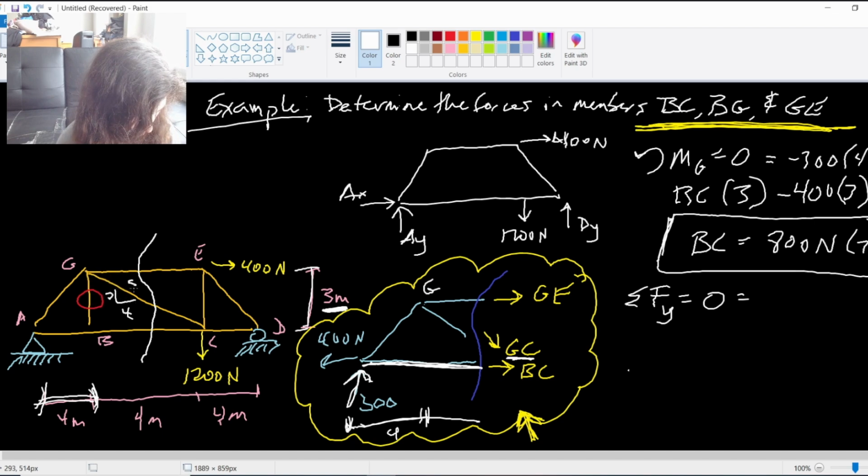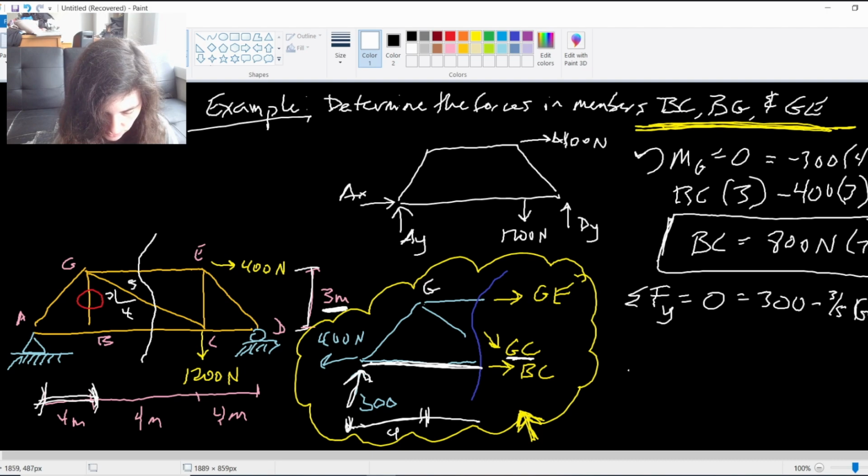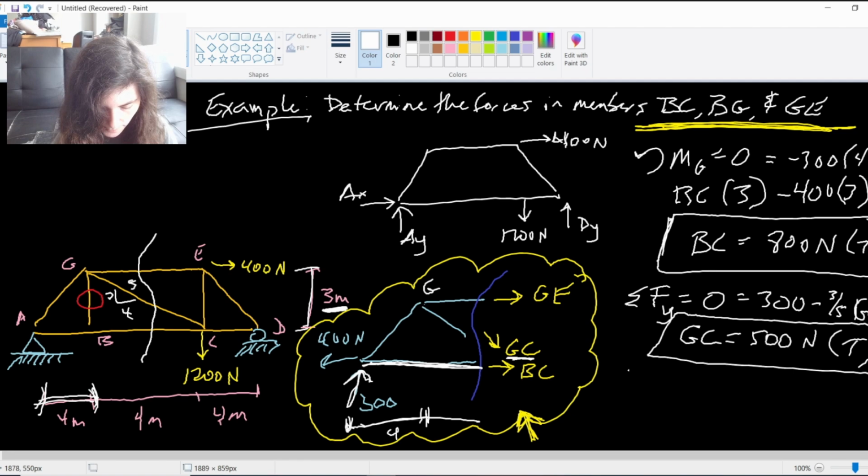This is 4, so this is 5. When I do this addition, I get 300 minus the Y component, which is 3/5 times GC. So GC is 500 newtons. Again, came out positive, so it is in tension.